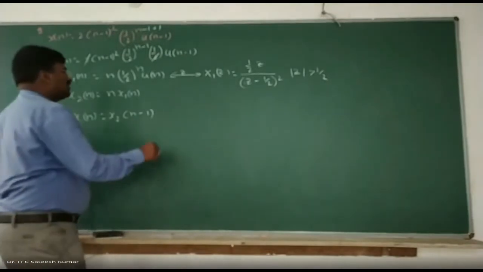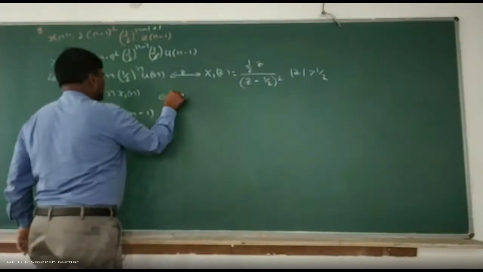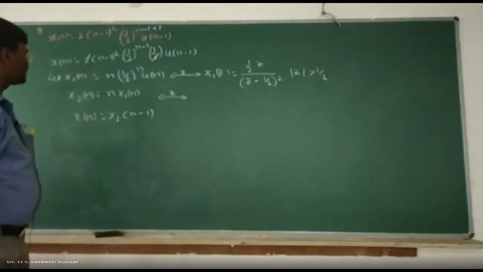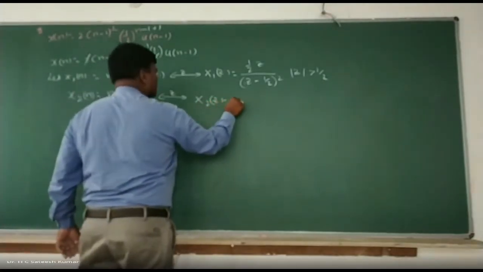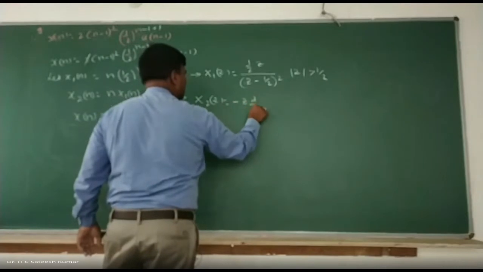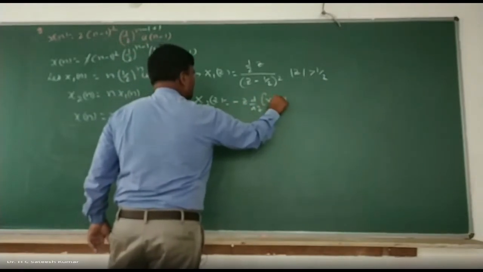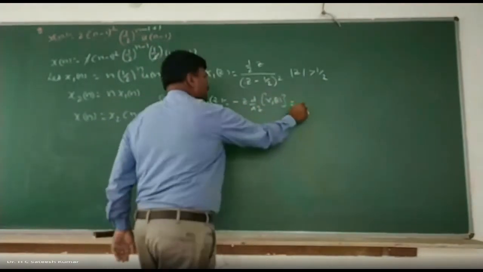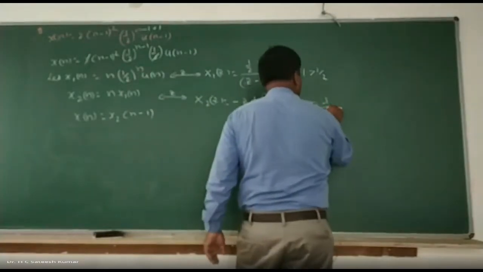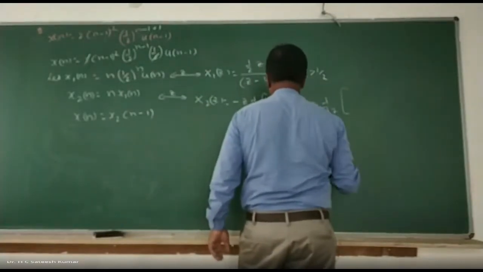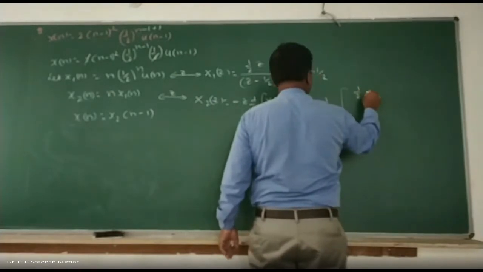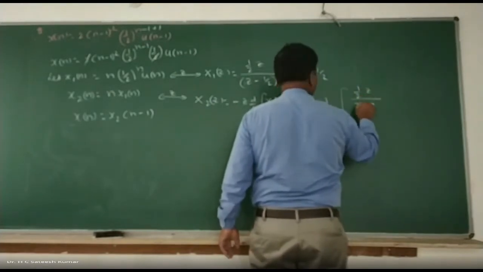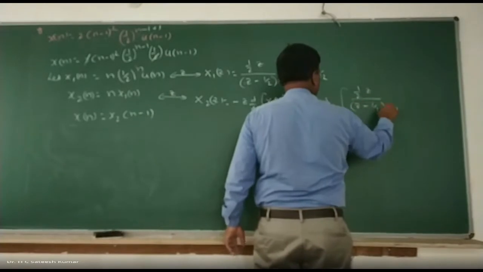Next, Z transformation of this one. x2 of z is equal to minus z into d by dz of x1 of z, which is equal to minus z into d by dz of half z divided by z minus half whole square.